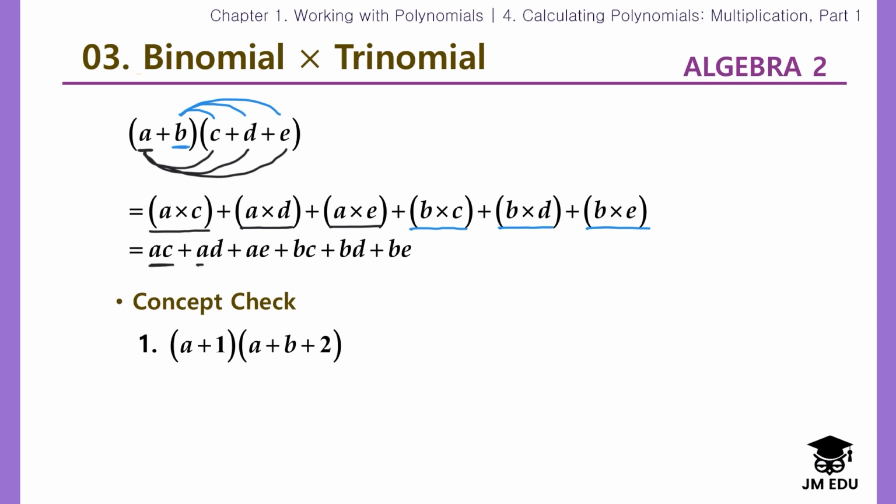A times D, that's AD. AE, BC, BD, BE. That's how we multiply a binomial by a trinomial.